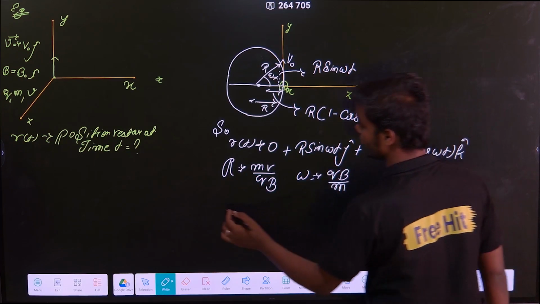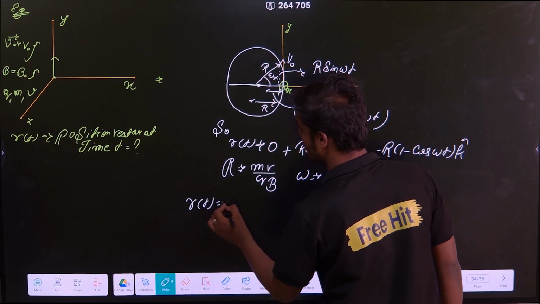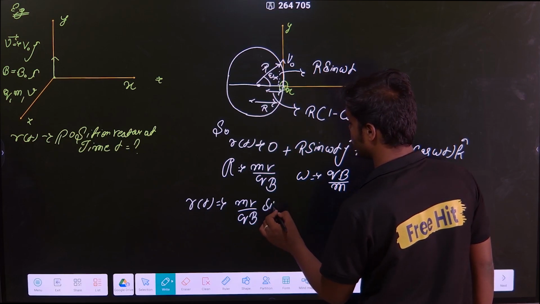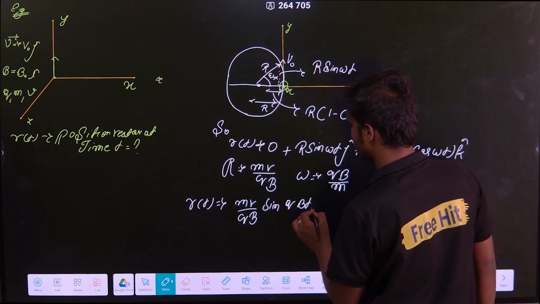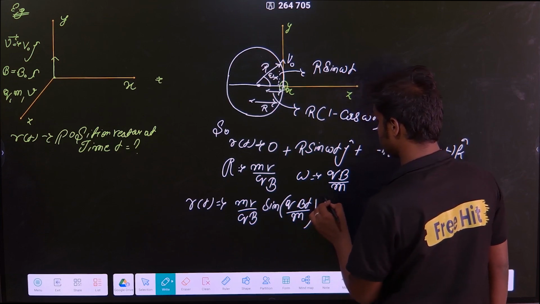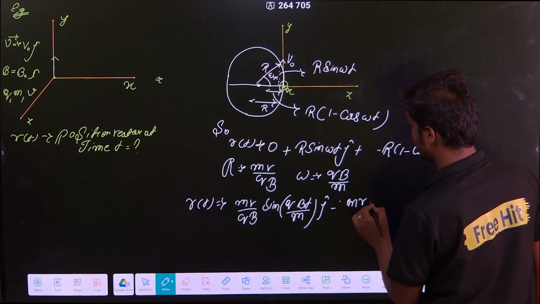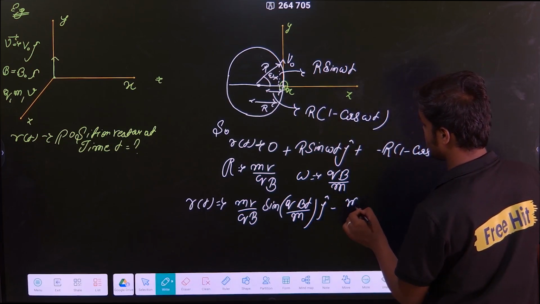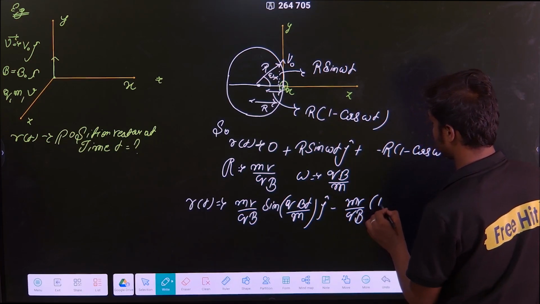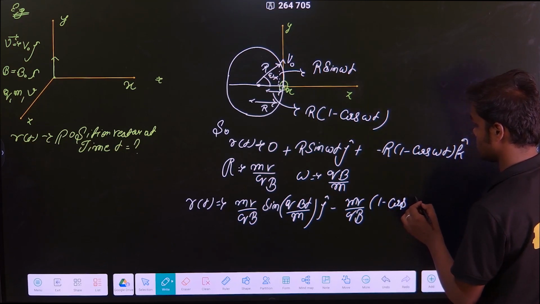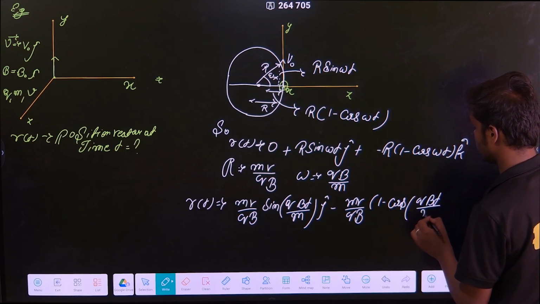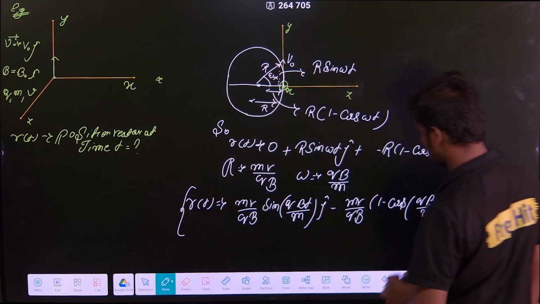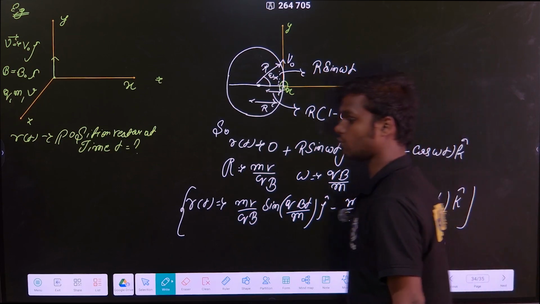So just put this value, and you will get the position vector r of t. r of t is simply equal to mv upon qB into sine of qBt by m into j cap, minus mv upon qB into cos of qBt by m into k cap. Correct? So this is r of t, which you have got.